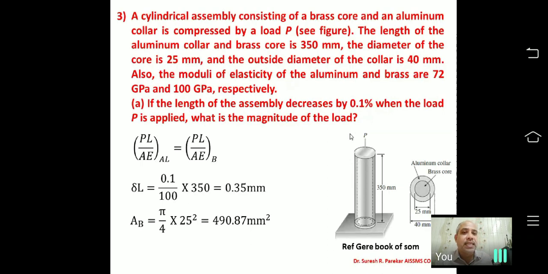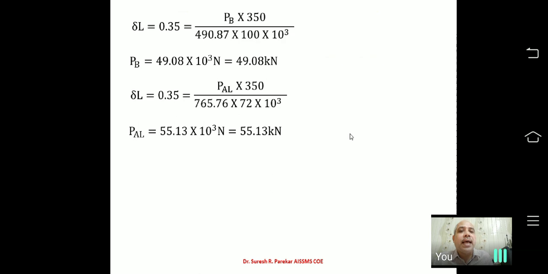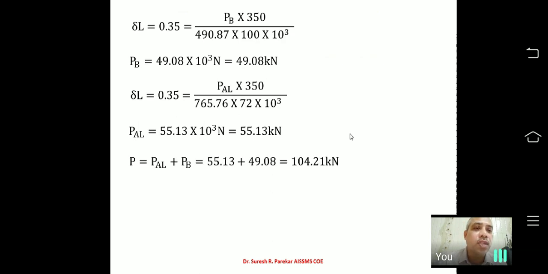So now you can see this. Simply I have calculated area of brass and area of aluminum, and calculated first PB, that is the force required for brass to shorten by 0.35, and the force required for aluminum to shorten by 0.35, and I have added these two values, which gives me the force P required to shorten the bar by 0.1%.